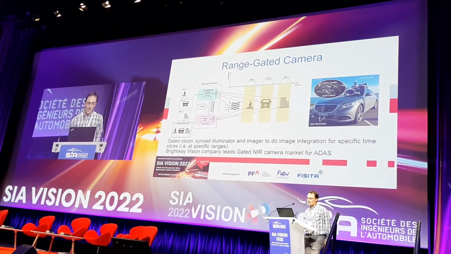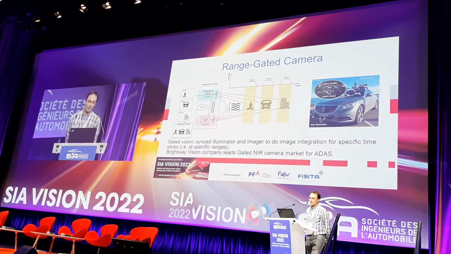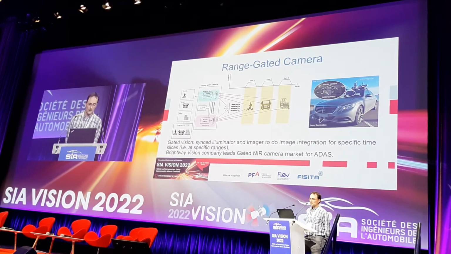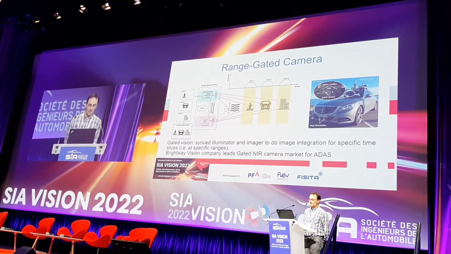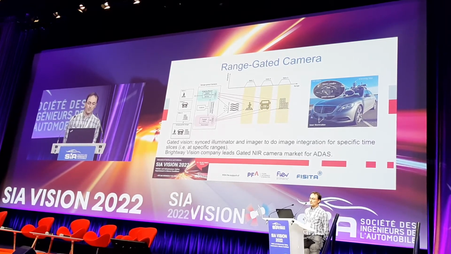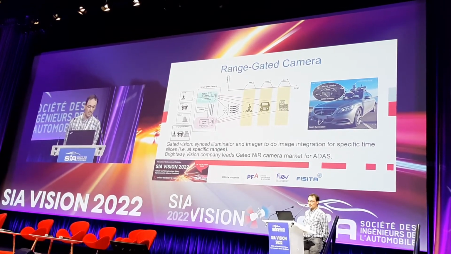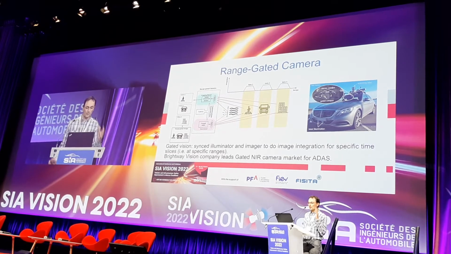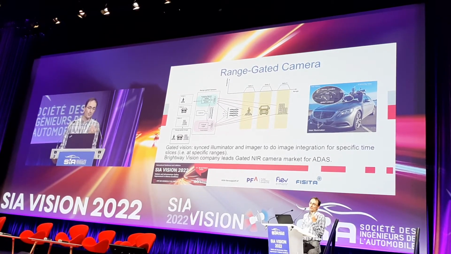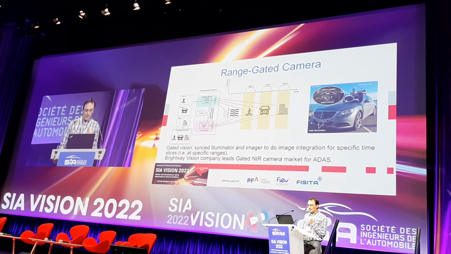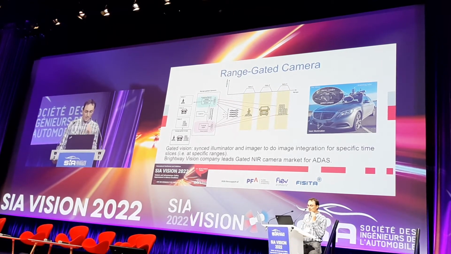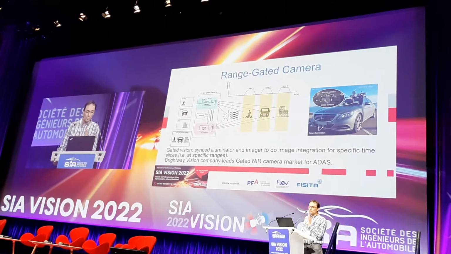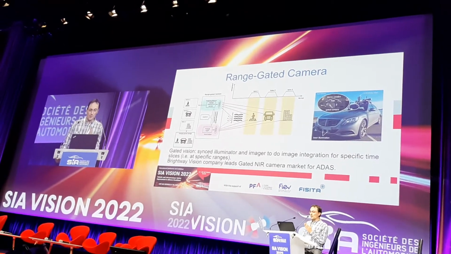Now, another kind of sensor with other qualities is the range-gated camera. This is a camera with a relation to depth. The idea is to have an illuminator, for example, near infrared. You emit the light, and then we choose when to expose the image.